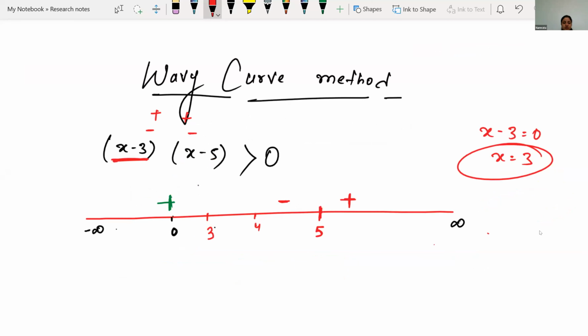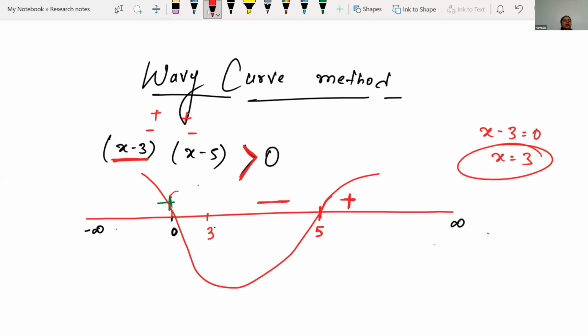So we will see a pattern over there: here plus will come out, then minus, then plus. What we need is greater than 0, that means positive values. So our interval will be this interval and this interval, and it will look like a wavy curve.